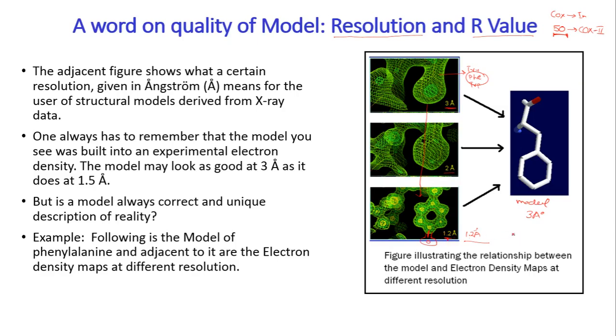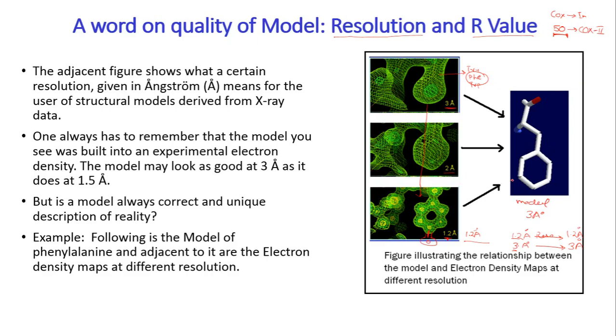So 1.2 Armstrong resolution is better than 3 Armstrong resolution, and the model developed at 1.2 Armstrong is better than the model developed at 3 Armstrong. What you download from PDB is the model, but this is the unique description of the reality based on which those models are created.